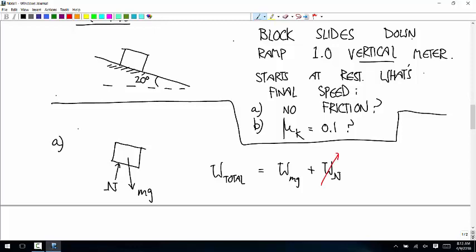So the normal force is something, but it doesn't do any work. I can't guarantee that you did, but I definitely said it. Okay, so all we have to do is calculate the work done by the weight force.